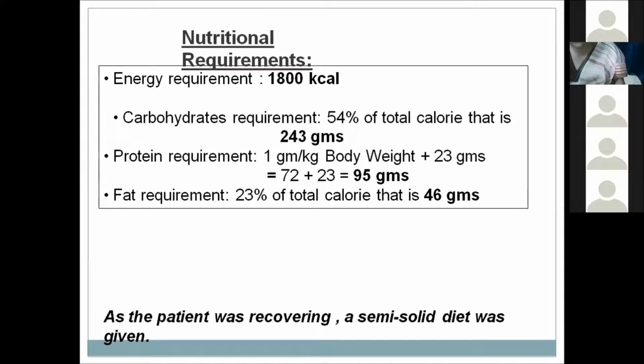Carbohydrate requirement 54% of the total calories, that is 243 grams. Protein requirement 1 gram per kg body weight plus 23 grams, that is 95 grams. Fat requirement 23% of the total, and the fat should be good fat, like protein should be of high biological value. As the patient was recovering, a semi-solid diet was given to this patient in the hospital.